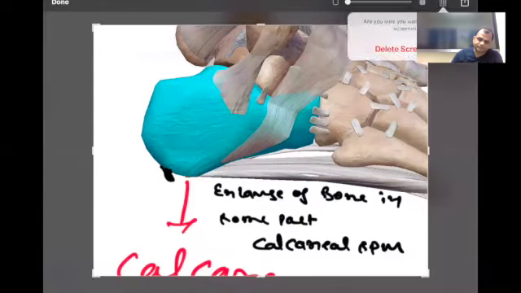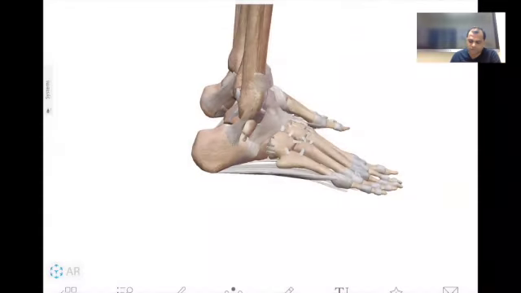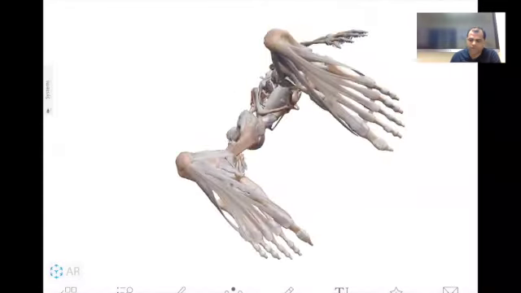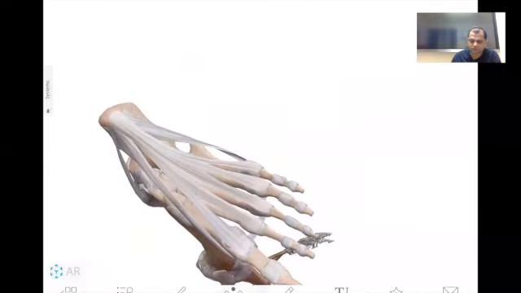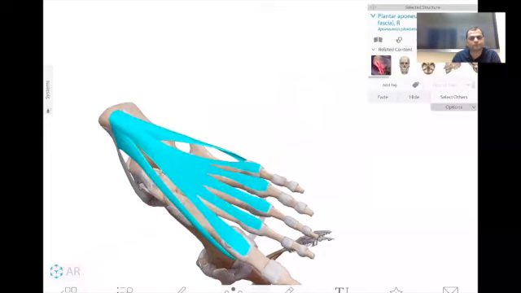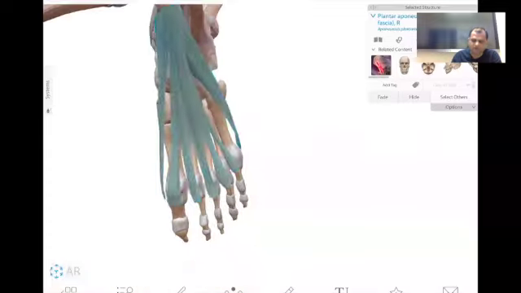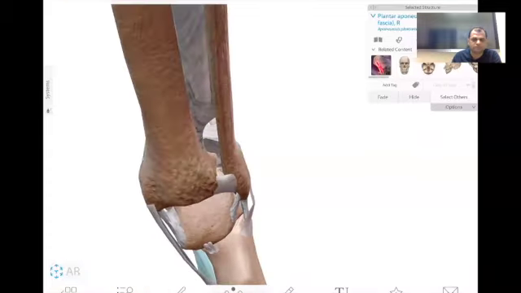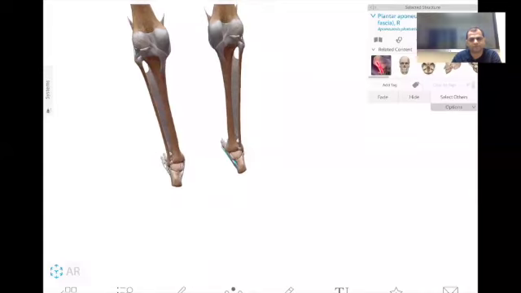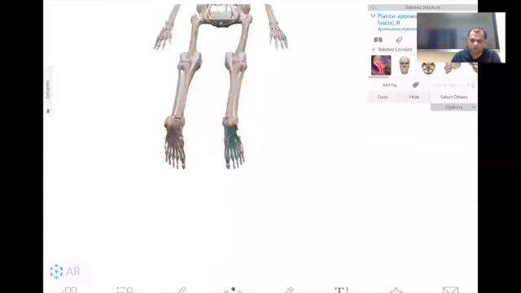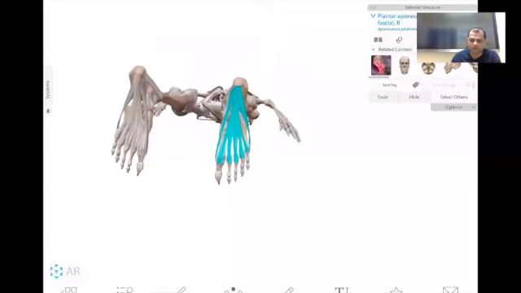And many times a person has very tight fascia. So we can see this is the fascia, very tight fascia. Maybe because of the tight calf muscles, because we know calf muscles are on the back side of the leg.